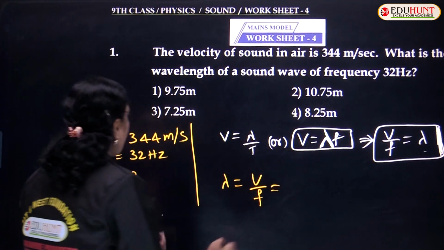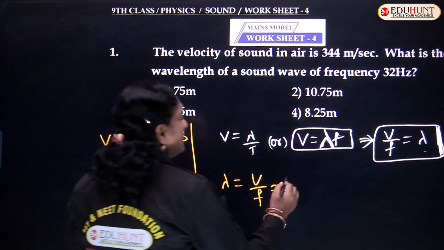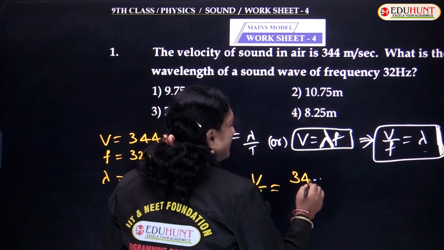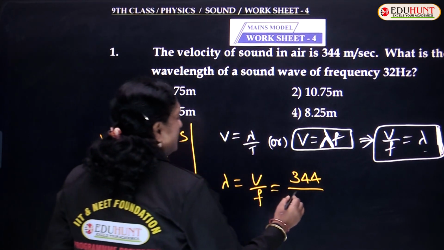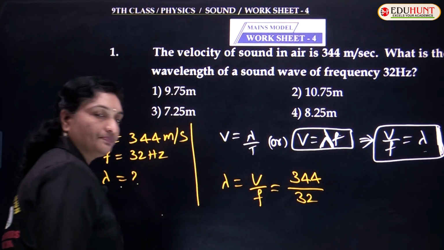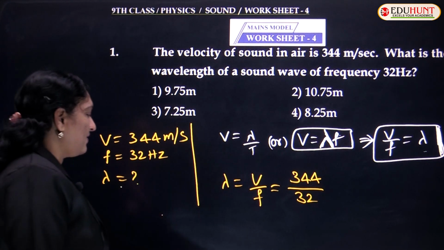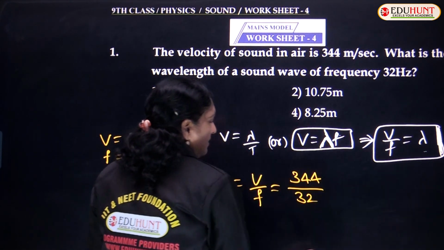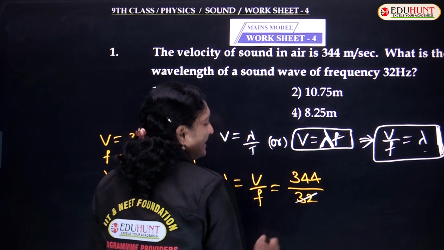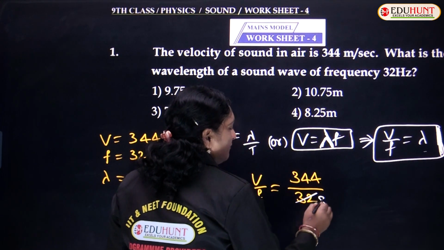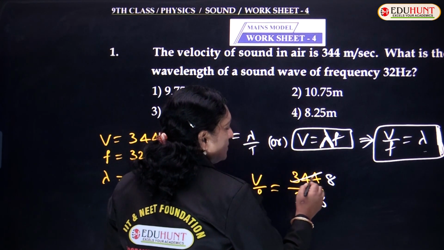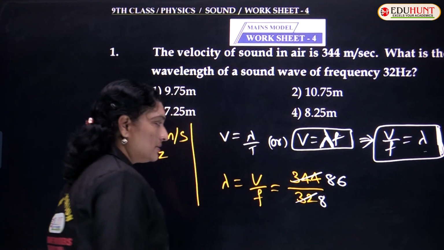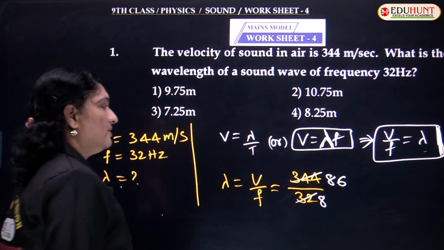So what is the value of V? The value of V is 344. And what was the value of frequency given? 32. That's it. So let us simplify this carefully. Let us go with 4. 8 fours are 32, and 6 fours are 24.